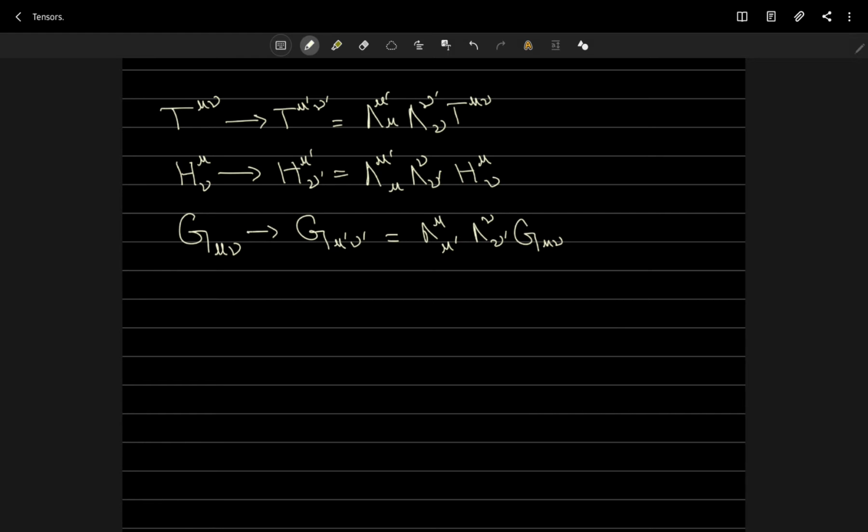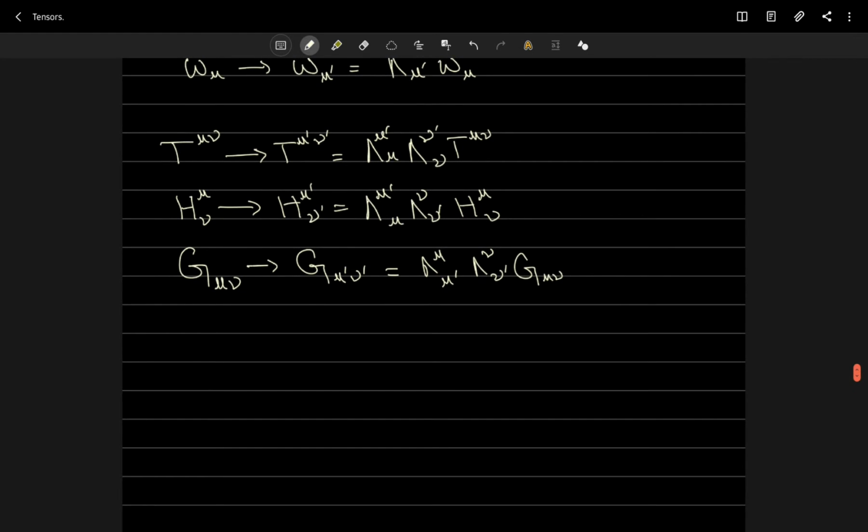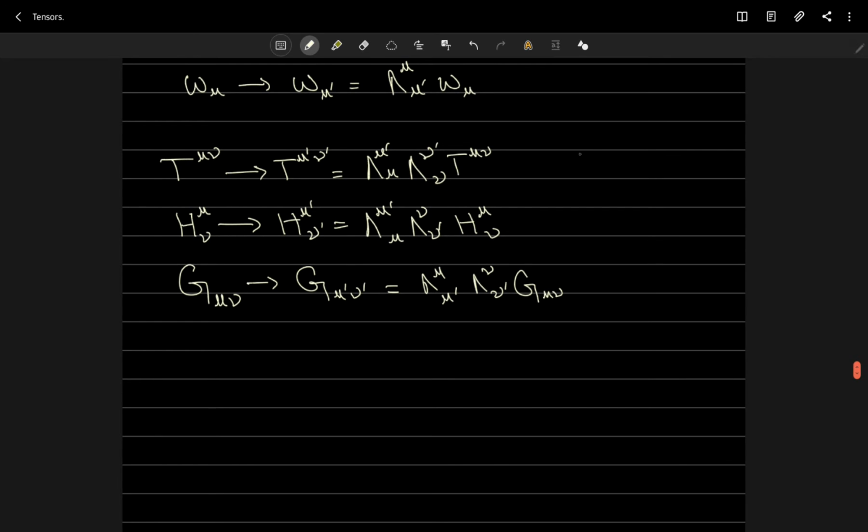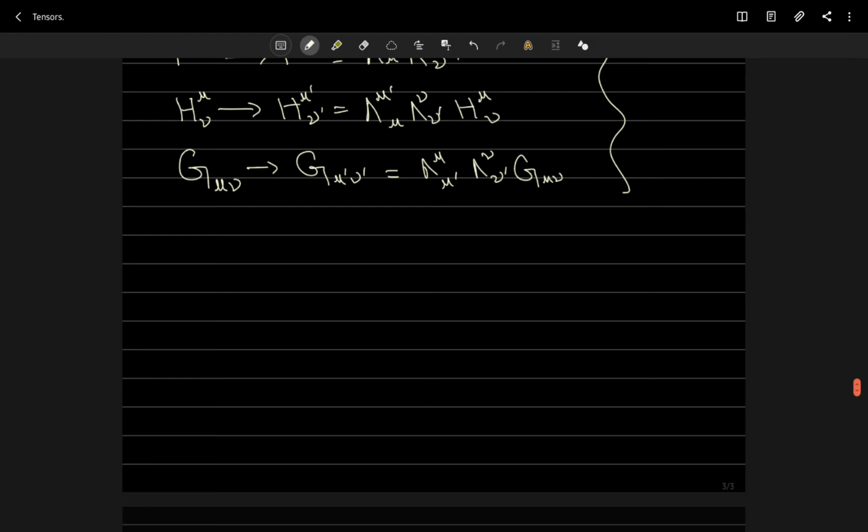And remember, if you want to use matrix multiplication for all of this, you need to get the repeated indices adjacent, right? And we used this thing that lambda nu prime nu is equal to lambda nu prime nu transpose.